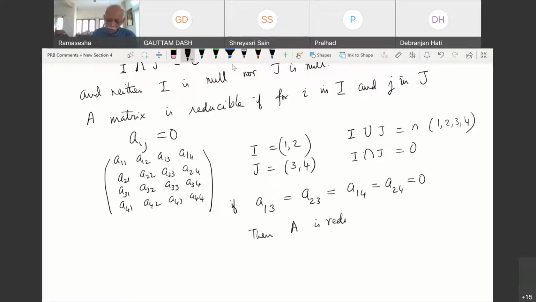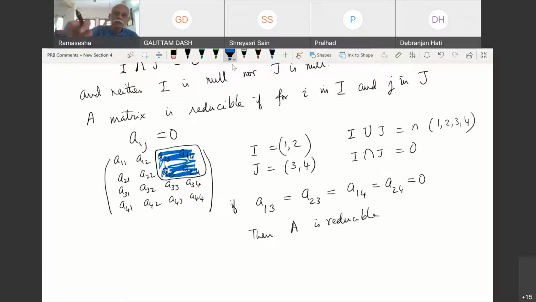It means A13, A23, A14, A24 are 0, which means this block is 0. So when this block is 0, then this is a reducible matrix. For it to be an irreducible matrix, that should not be 0.